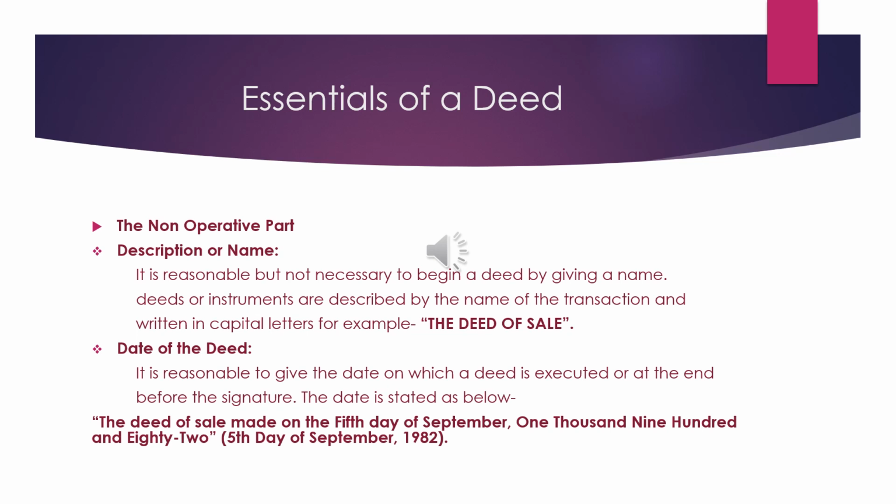A deed should always be dated because of the extreme importance of the date of execution and of the risk of leaving the same to be determined in future by oral evidence. In addition, to avoid mistake or risk of forgery, the date should be written in words instead of in figures.